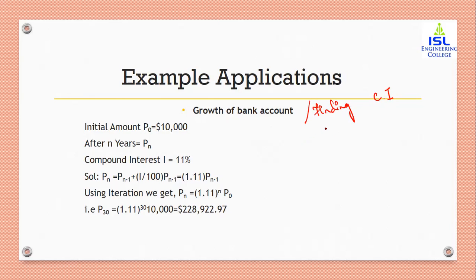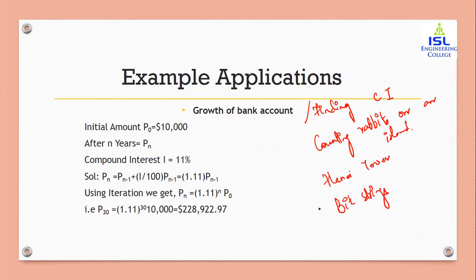Okay, the next example is counting rabbits on an island. Then determining the number of moves in the Tower of Hanoi puzzle. So let me just write Hanoi tower. And then finally counting bit strings with certain properties.